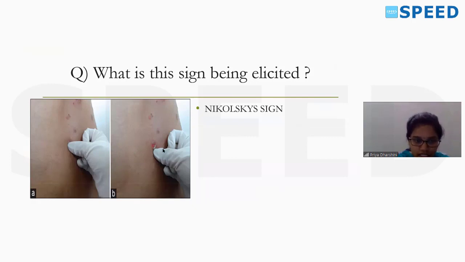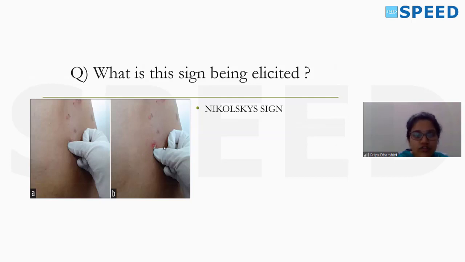What we are doing in Nikolsky sign is applying pressure at one end of an intact bulla or intact vesicle. After applying and releasing the pressure, what we can see here is erosion. The erosion happens due to the separation of the epidermis from the underlying dermis, and this is called Nikolsky sign positive.